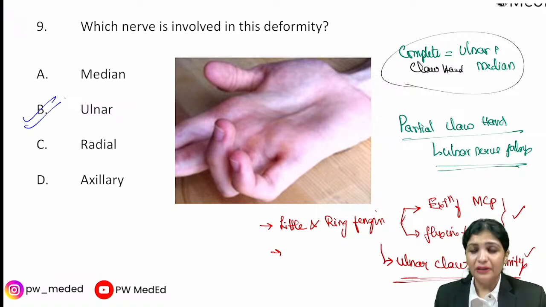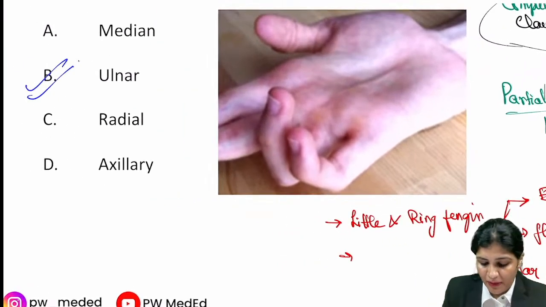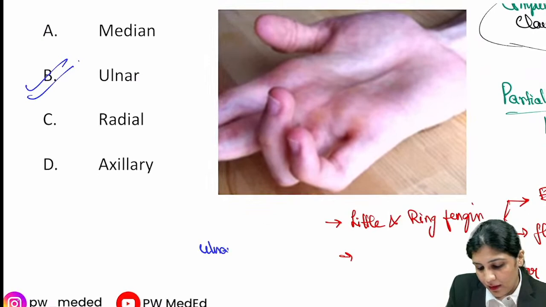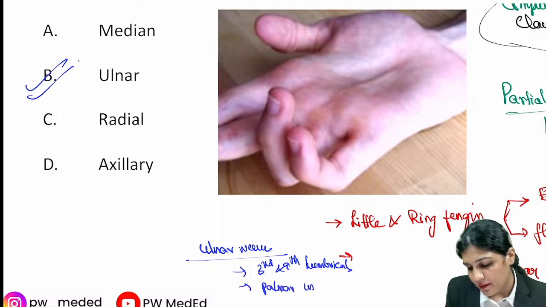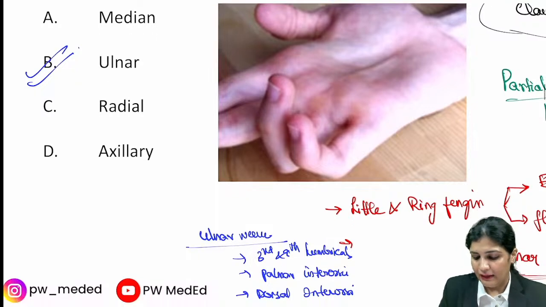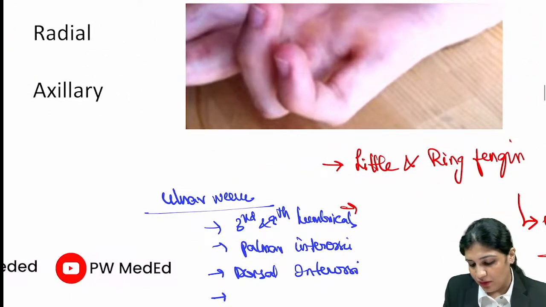If you remember the muscles supplied by the ulnar nerve, the ulnar nerve will supply the third and the fourth lumbricals, as we've discussed, and it will supply the palmar interossei muscles, and then the dorsal interossei muscles, and then it will supply your hypothenar muscles.